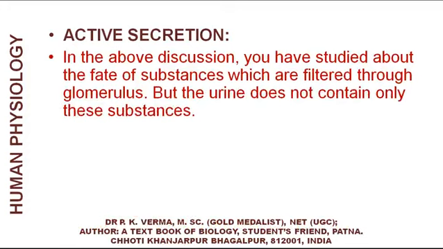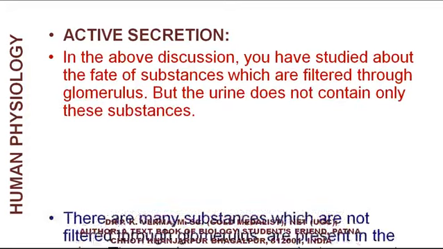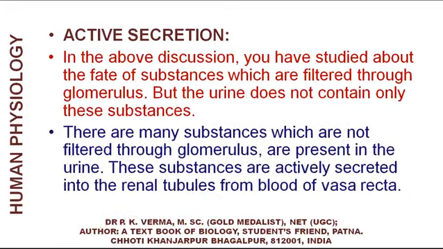Now the third part is active secretion. In the above discussion, you have studied the fate of substances which are filtered through the glomerulus. But the urine does not contain only these substances. There are many substances which are not filtered through the glomerulus but are present in urine.